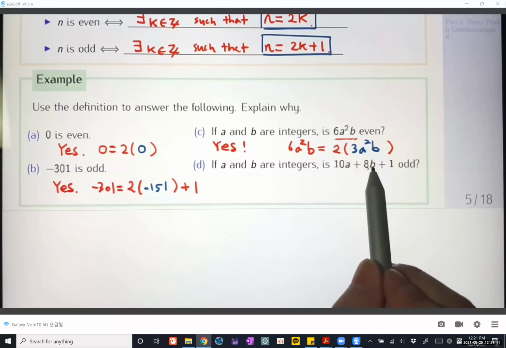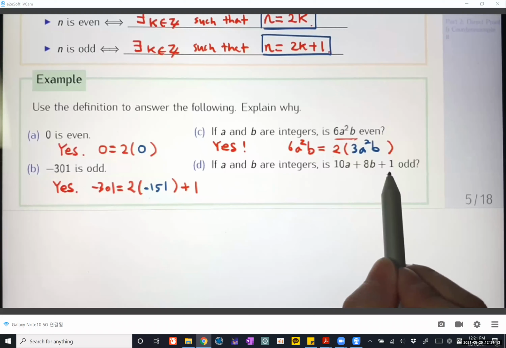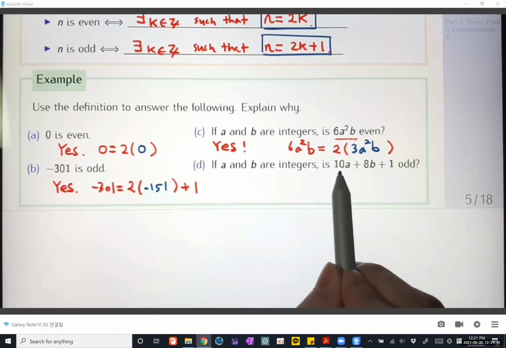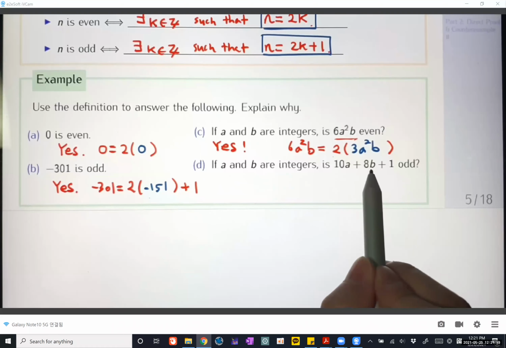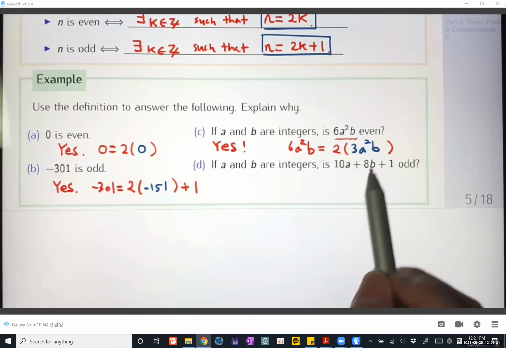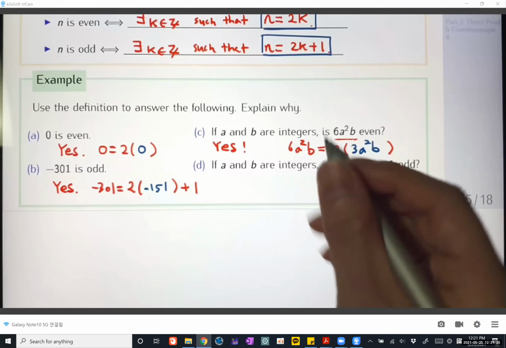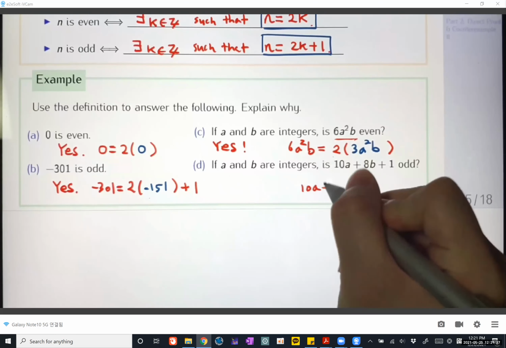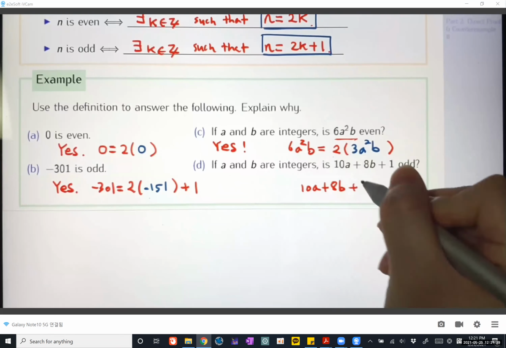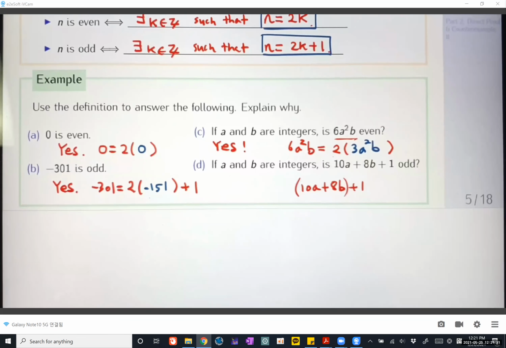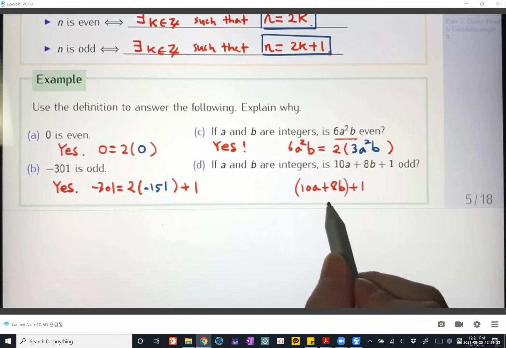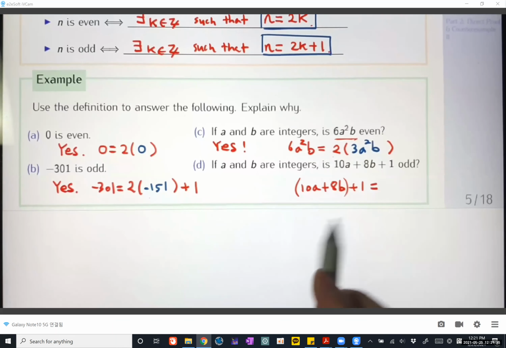We have plus 1 at the end, and we have a multiple of 2 for 10a and a multiple of 2 for 8b. So if I represent this number 10a plus 8b plus 1 using a bracket, it's better, right? What is the common factor of 8 and 10?